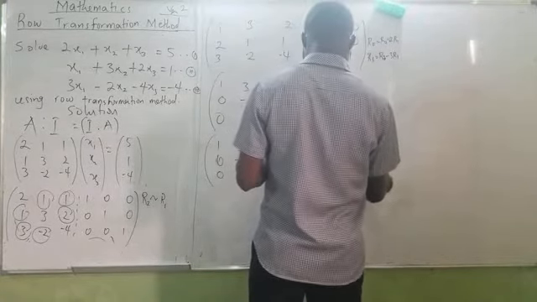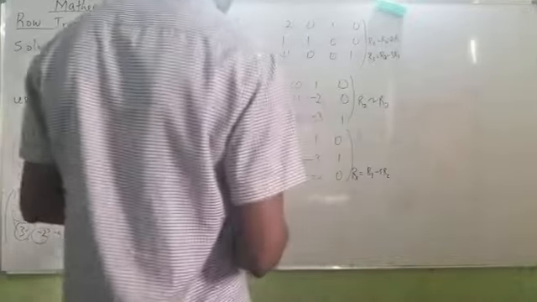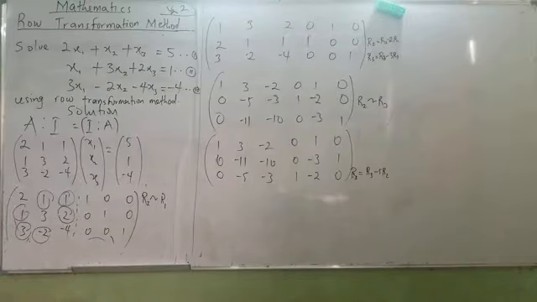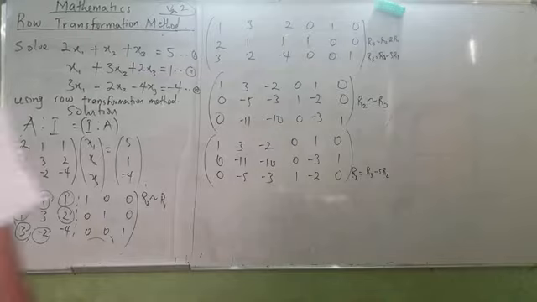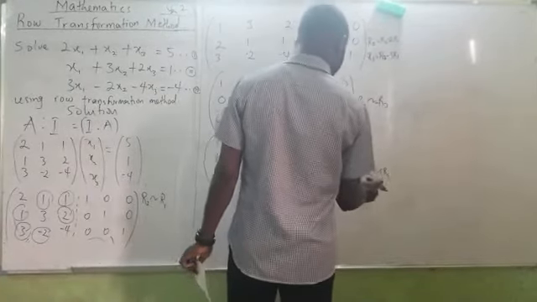Root 3 minus 5 root 2, 5 root 2, minus 5 root 2. Yes, root 3 minus 5 root 2. That is going to be, hope I'm not doing something wrong. Okay, to avoid something rubbish, let me put minus here and put minus here. Let me just put minus there.